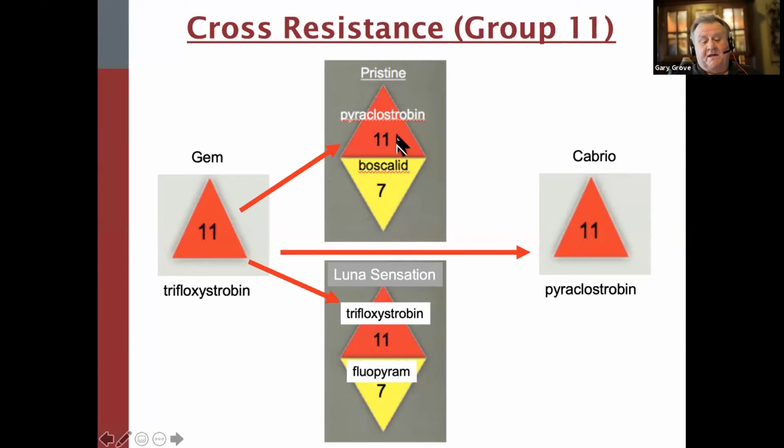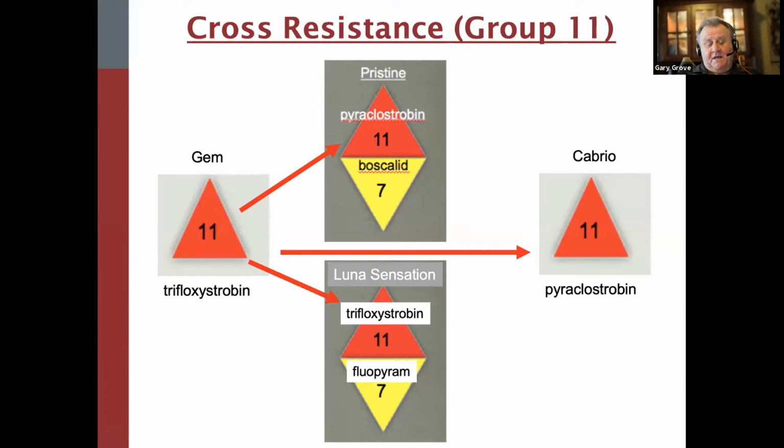And with Pristine, there's also cross resistance, so there's also resistance to the pyraclostrobin component in Pristine. So remember, part of the rationale for using these premixes is that there are two different modes of action in them. And when they're fresh off the shelf, the mildew is sensitive to both modes of action. So you have built-in resistance management.